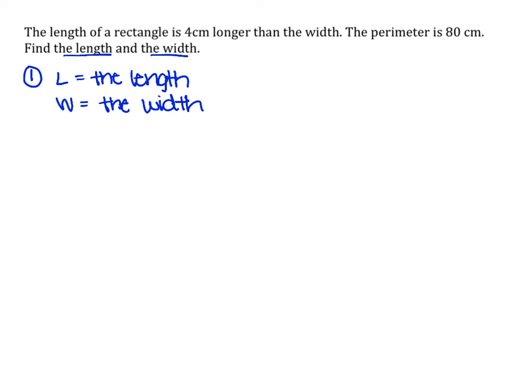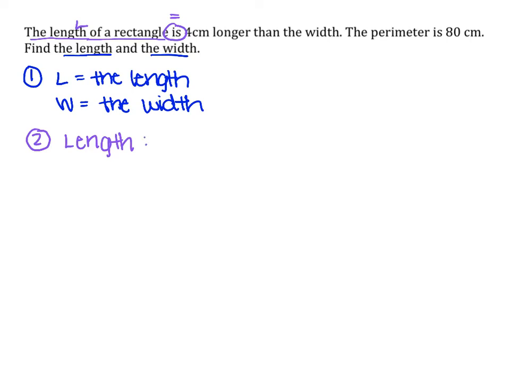And then that second step, how can I write my equations? I'm going to have one equation. Well, it says the length of a rectangle is. So that first sentence, "is" tells me equals. So my first equation is going to be an equation that represents the length, but it's going to have W's on the other side.